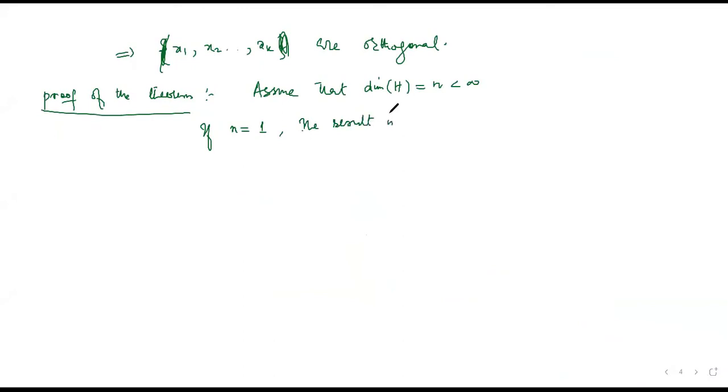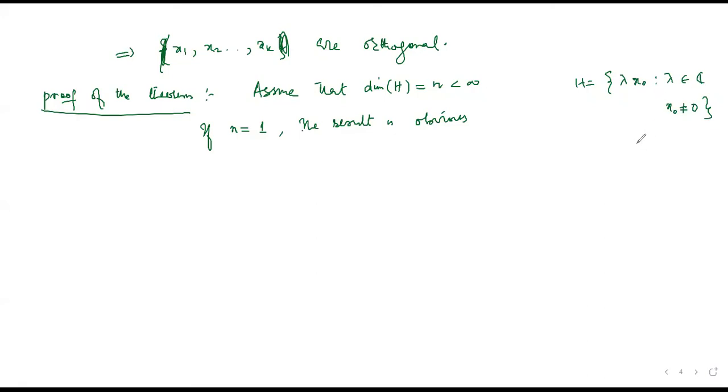The result is obvious. एक one-dimensional vector space कैसी होगी? H would be some lambda times x naught, where lambda is any scalar and x naught is some non-zero vector. तो इस टाइप की हो, scalar multiples of a non-zero vector.